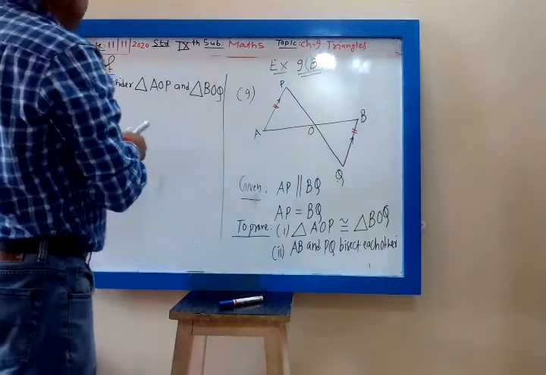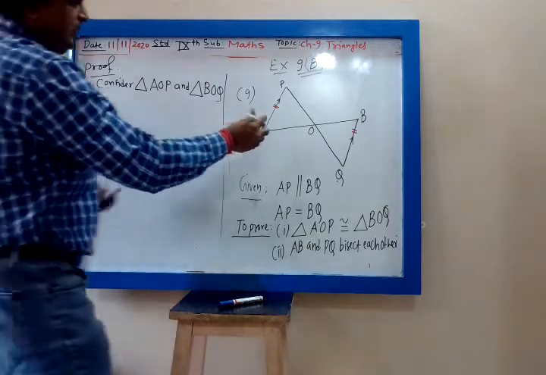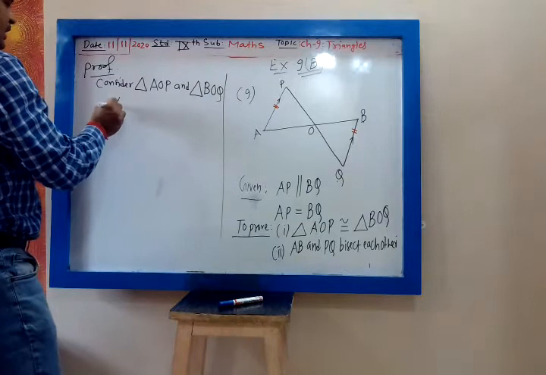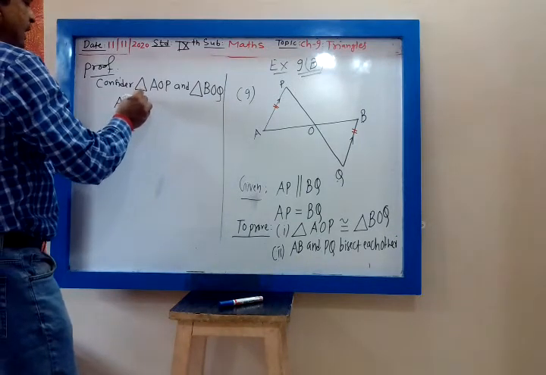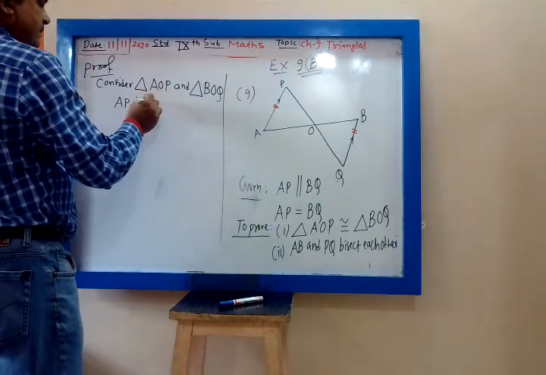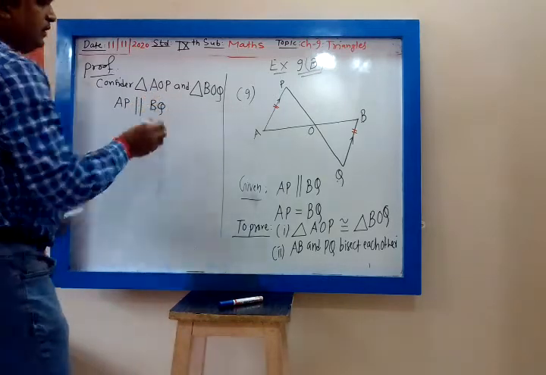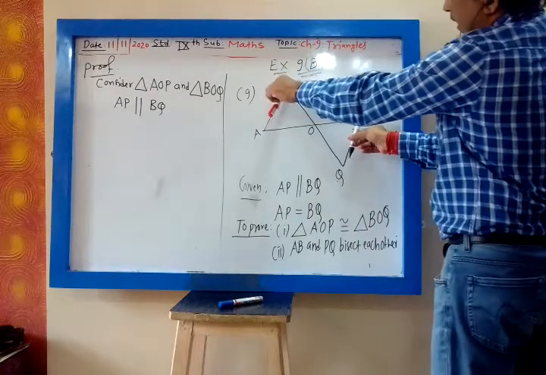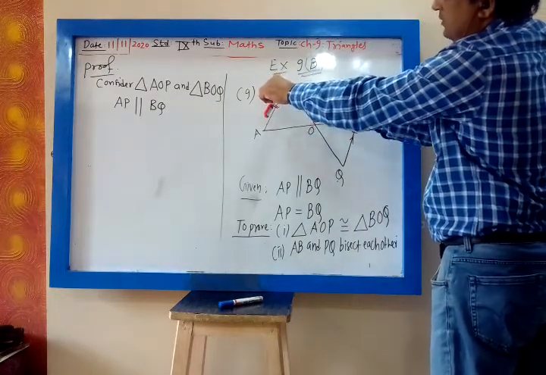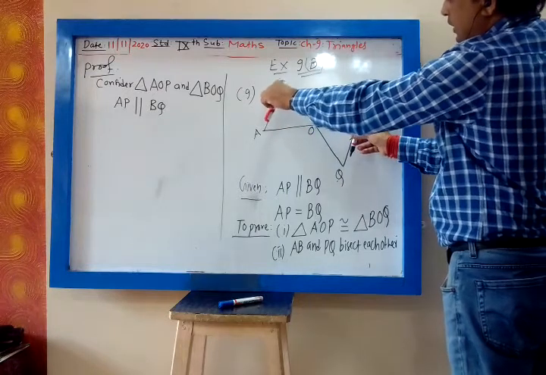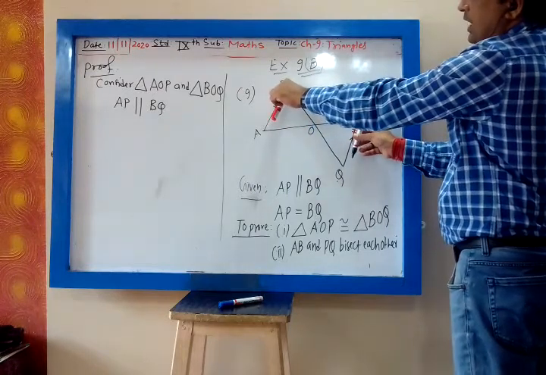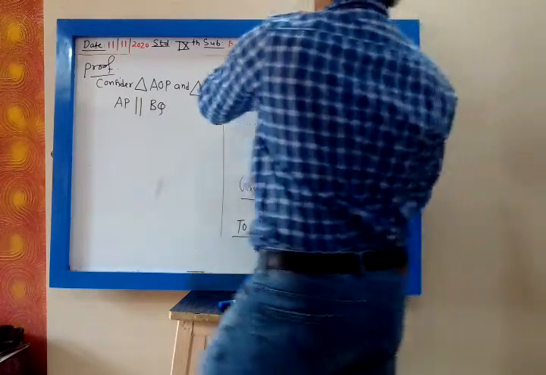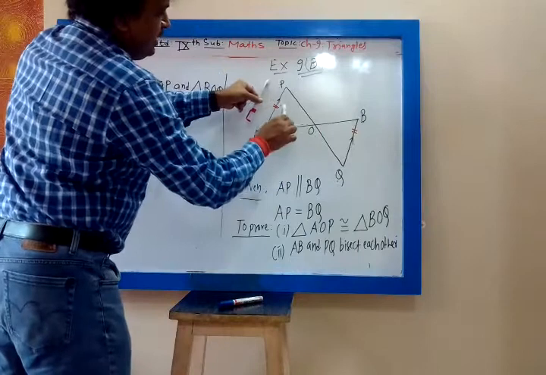See this. First, AP is parallel to BQ. It is given that AP is parallel to BQ. So these two lines are parallel and these are transversals. Whenever lines are parallel, alternate angles are equal.